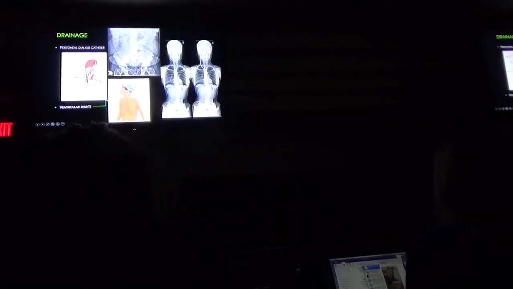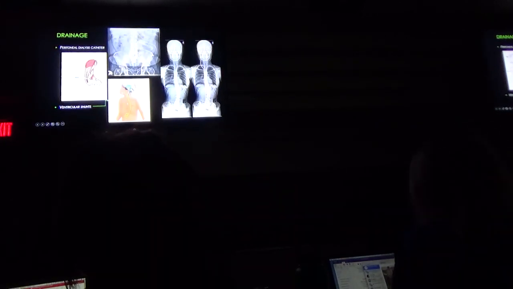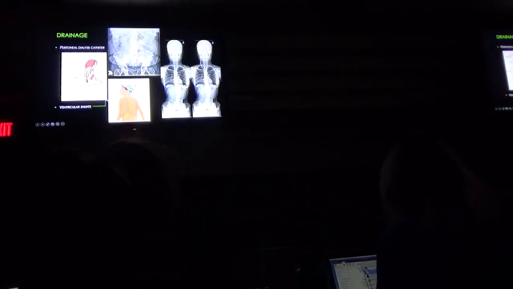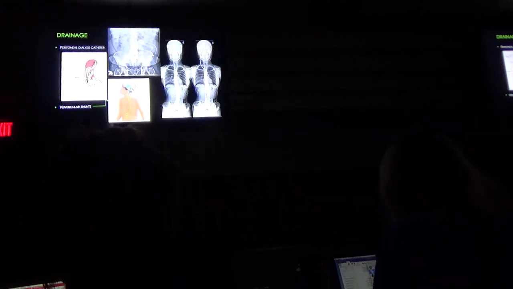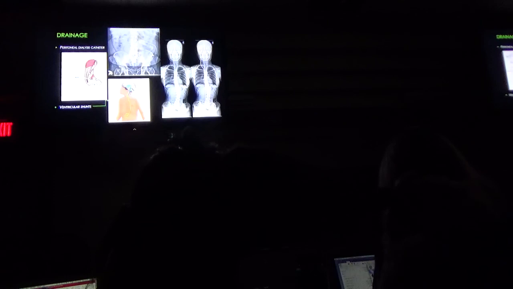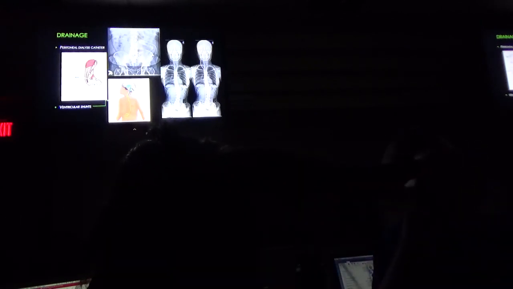Here's peritoneal dialysis catheters. Those are sometimes temporarily placed in patients that have chronic cirrhotic livers and get a chronic buildup of peritoneal fluid. They may go to interventional radiology once a month or once every other week. It just depends on how often they build up fluid and their ammonia level builds up, which is not good.